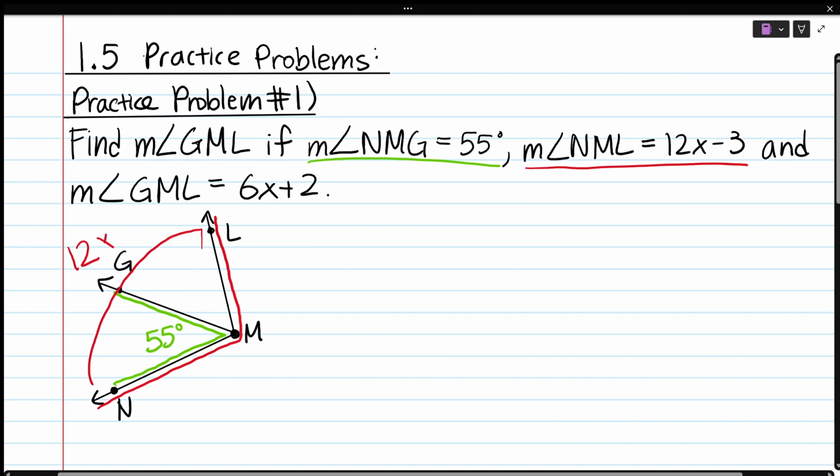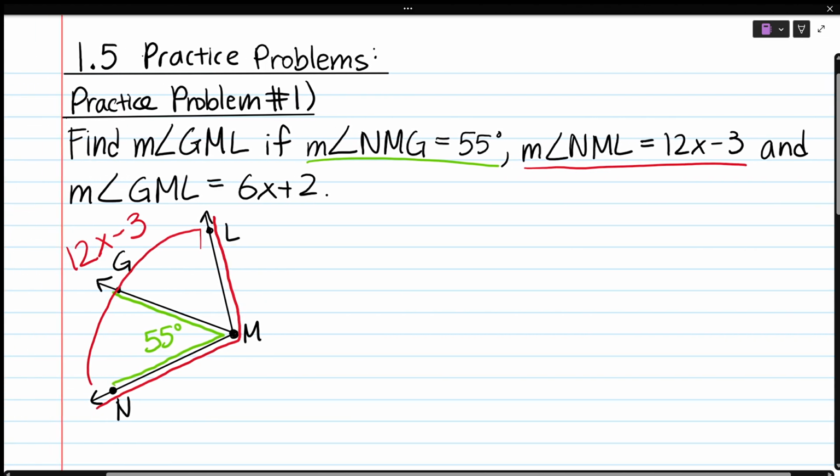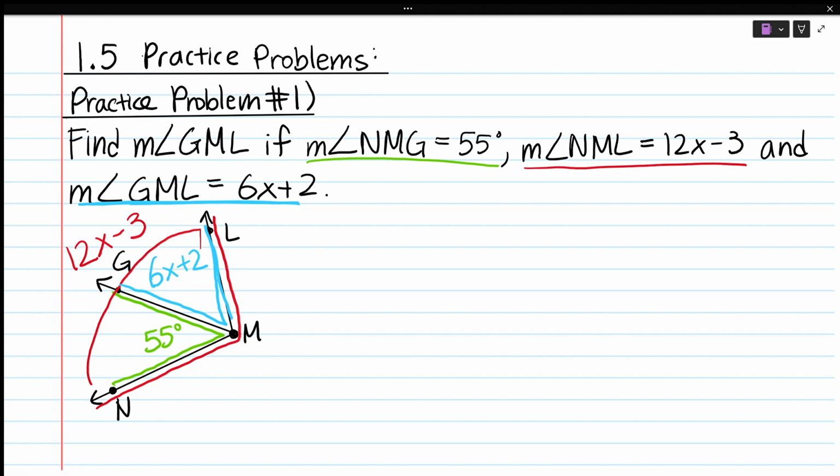Is 12x minus 3. And then GML is 6x plus 2. GML is 6x plus 2. Right? And we want to find the measure, the actual measure of GML. We don't want it in terms of x, we want a number.